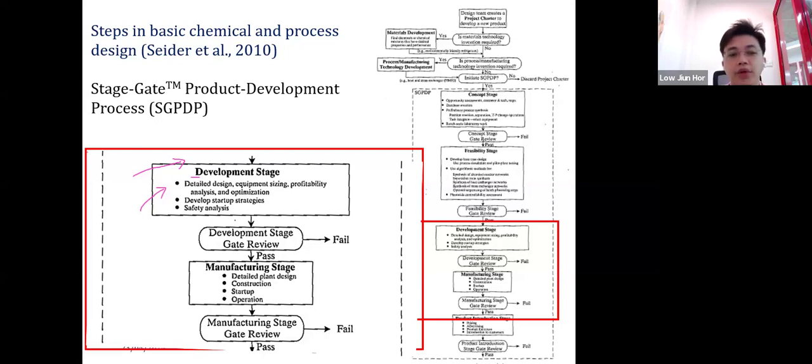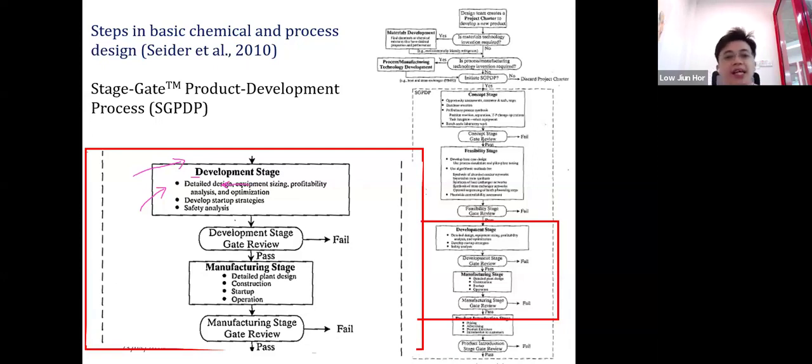And also we can start to develop the startup strategy, how we are going to start to construct this design here. We try to get the contractor, or maybe we want to do it in-house. So all of them are considered under the development stage.